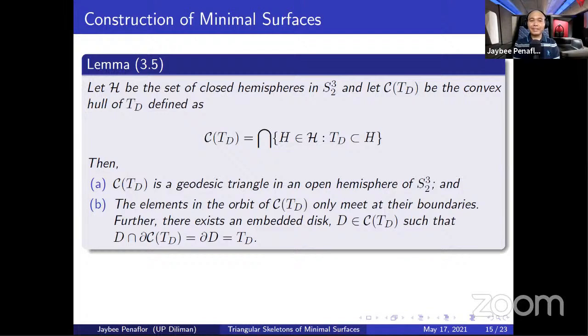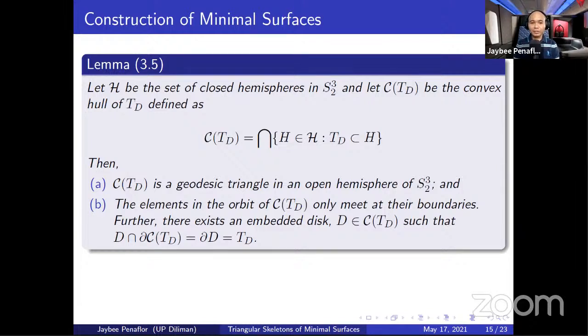So we define mathcal H as the set of all closed hemispheres in S^3_2, and we define mathcal C of T sub D to be the convex hull of T sub D, defined as the regular definition of a convex hull. Then the convex hull itself is a geodesic triangle in an open hemisphere of S^3_2, and the elements of the orbit of the convex hull only meet at their boundaries.